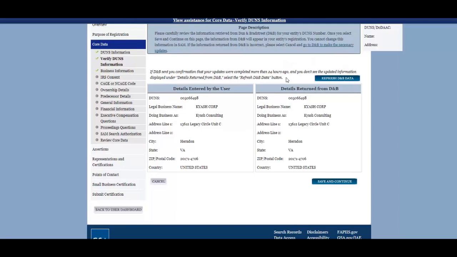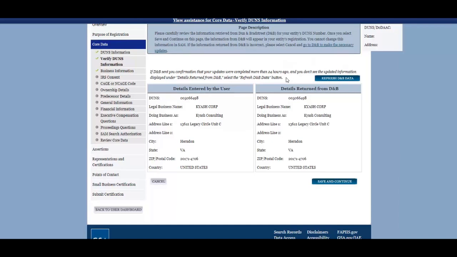When you first register with SAM, SAM is going to contact D&B and say, like for example, when I first put my business into SAM back in 2013, SAM asked D&B, okay, are you familiar with this outfit called Irs Corp?